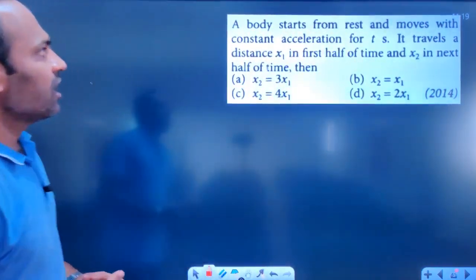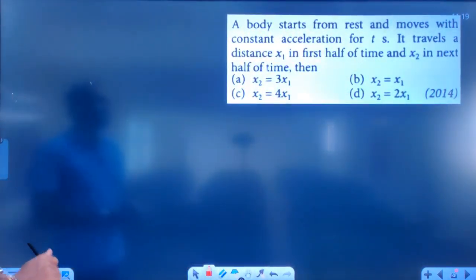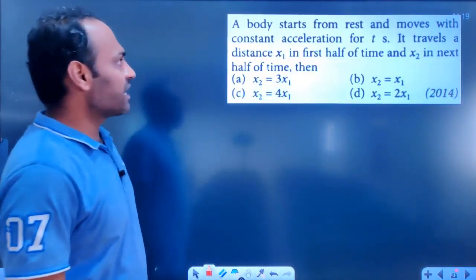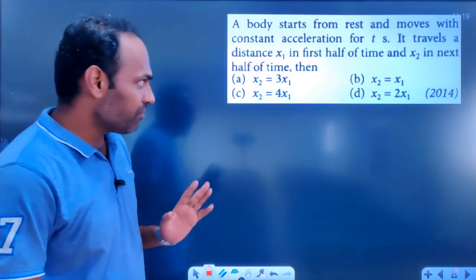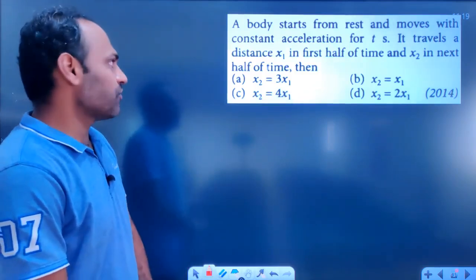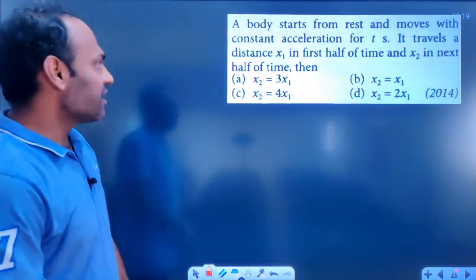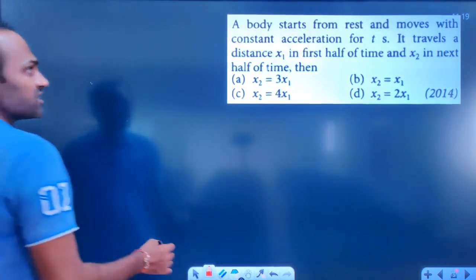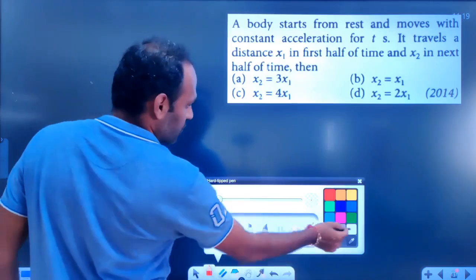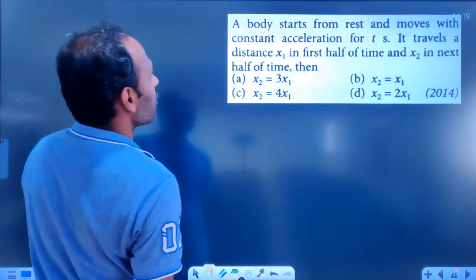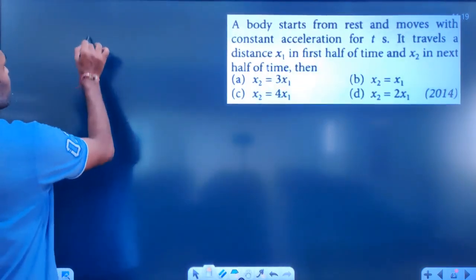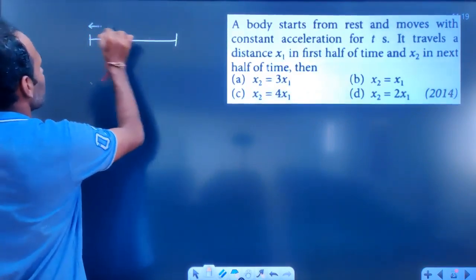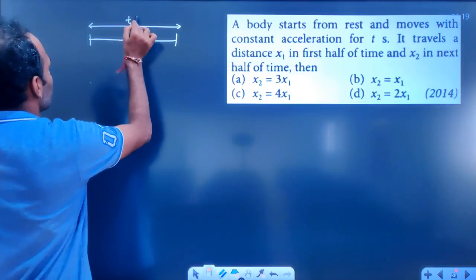Next question: a body starts from rest and moves with a constant acceleration for t seconds. It travels a distance x1 in the first half of the time and x2 in the next half of the time. Then they are asking the relation between x1 and x2. The total journey is of t seconds.